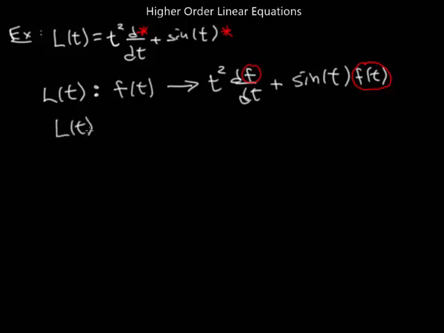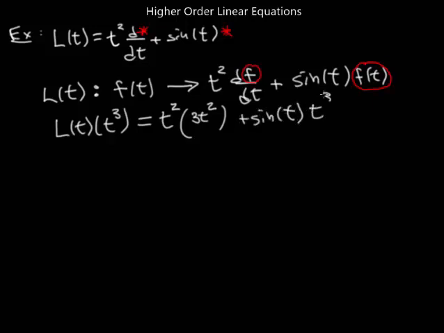So, for example, what does it do to the function t cubed? Well, it says multiply the derivative by t squared, and then add sine t times the function itself.